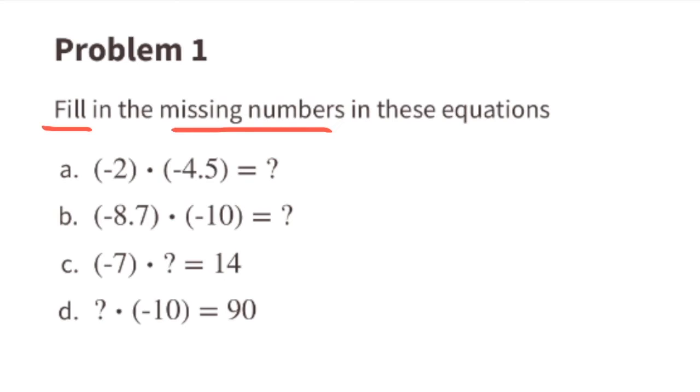So negative 2 times negative 4.5 equals 9. B. Negative 8.7 times negative 10. Once again, a negative times a negative is a positive, and 8.7 times 10 is going to be 10 times bigger than 8.7, or 87.